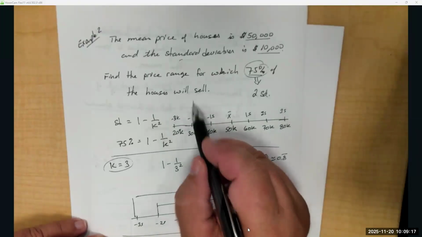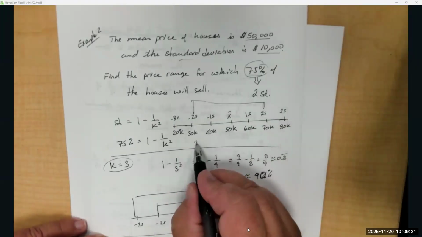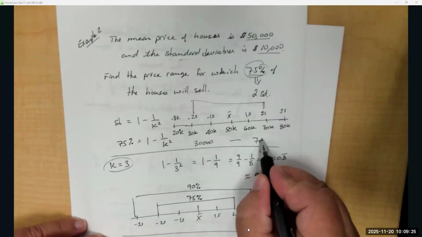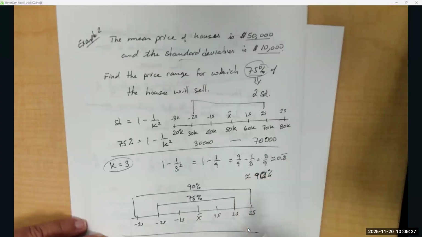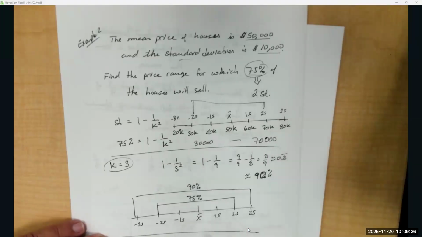So it's between here and here. The sale price will go from 30,000 to 70,000. That's what it's telling us. So 75% of our sales in this neighborhood will be sold within this range.